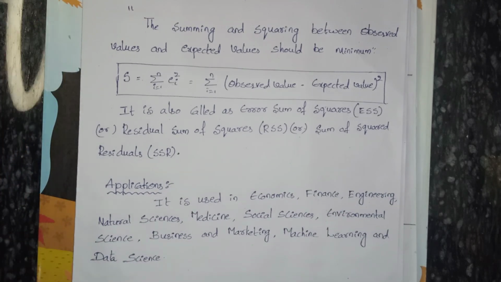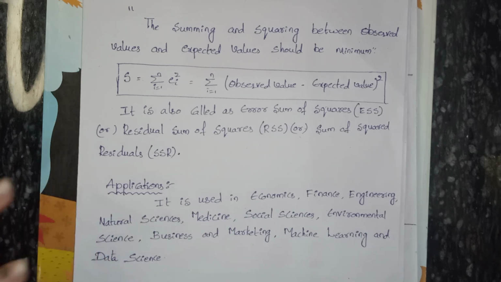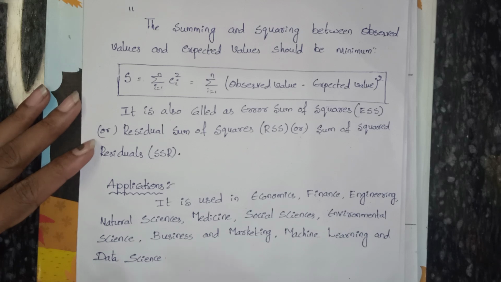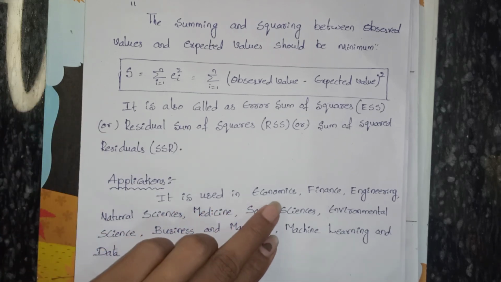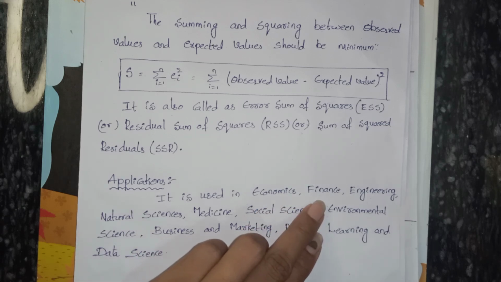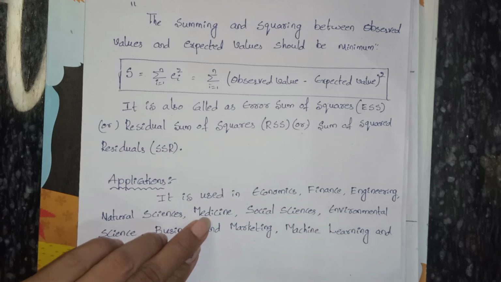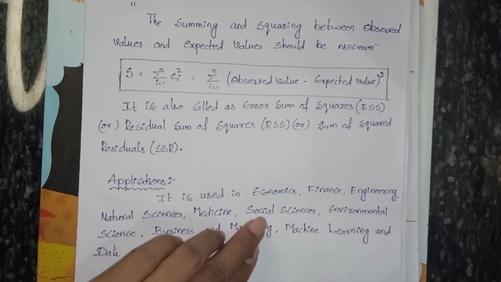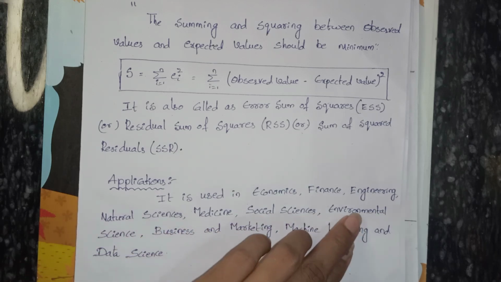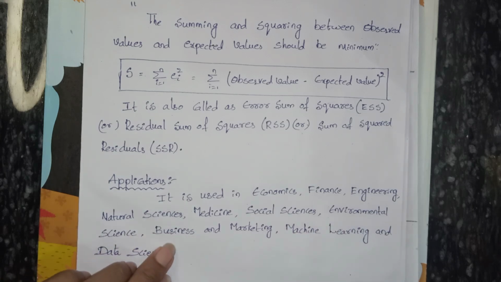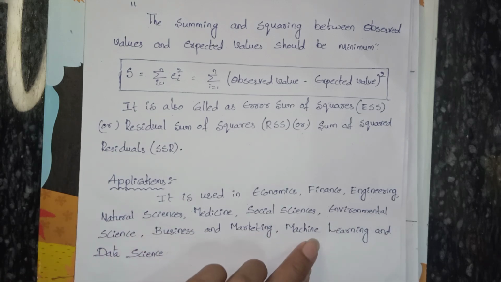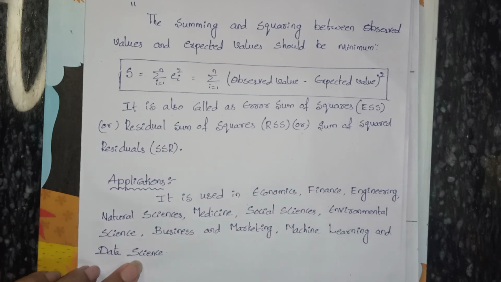Where do we use this principle of least squares? That comes under applications. It is used in economics, finance, engineering, natural science, medicine, social sciences, environmental science, business and marketing, machine learning and data science.